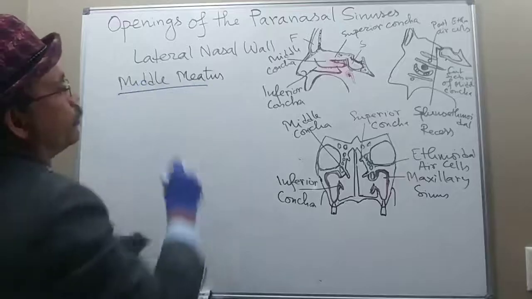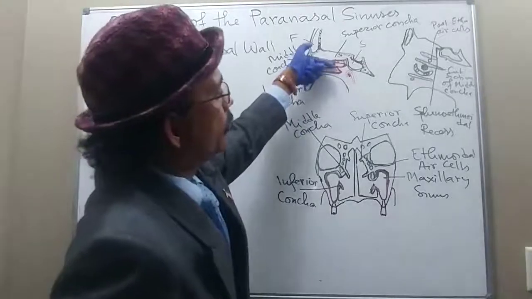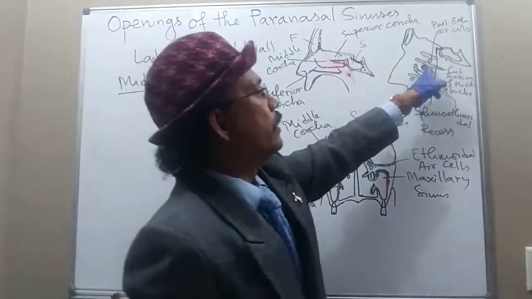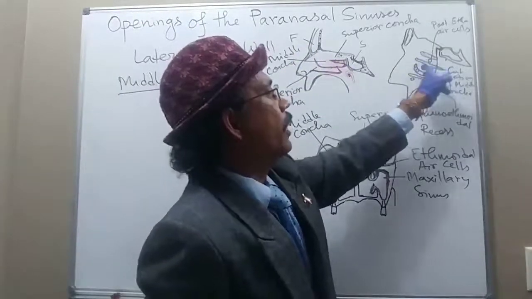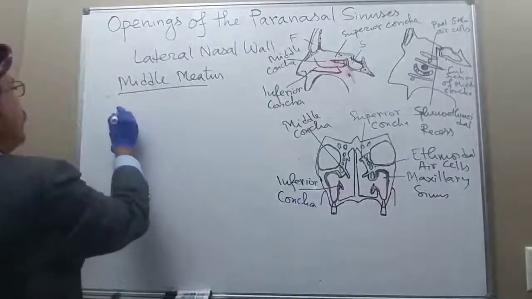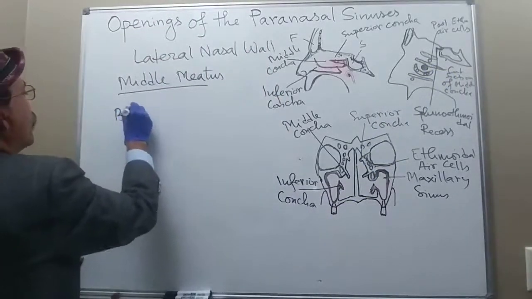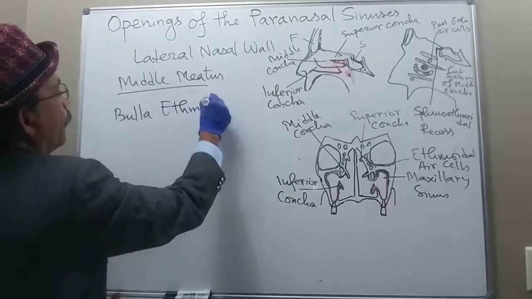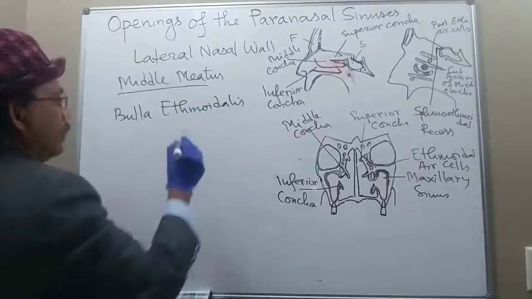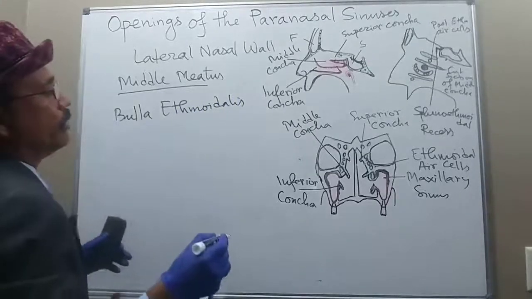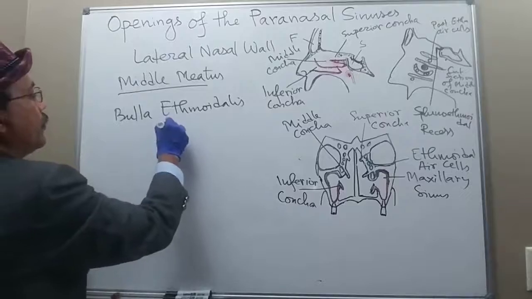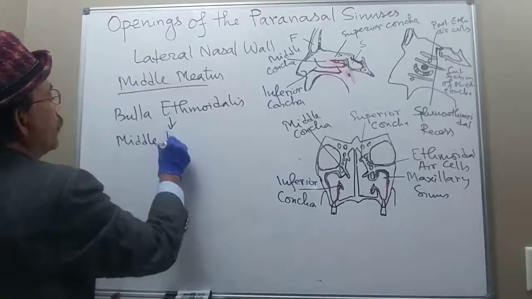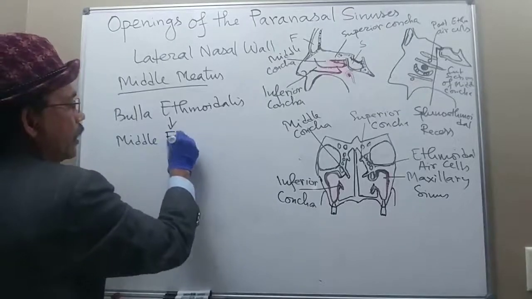Okay. So if we take out this shelf-like concha, then we will get this appearance. This is the cut section, and we will get the Bulla Ethmoidalis or ethmoidal bulla. It receives the middle ethmoidal sinuses or ethmoidal air cells.